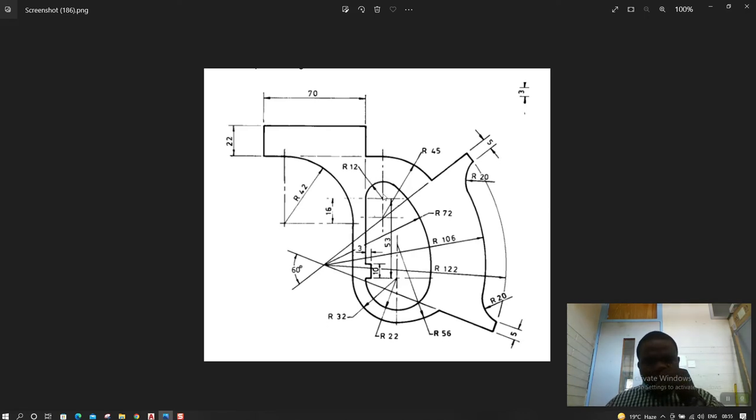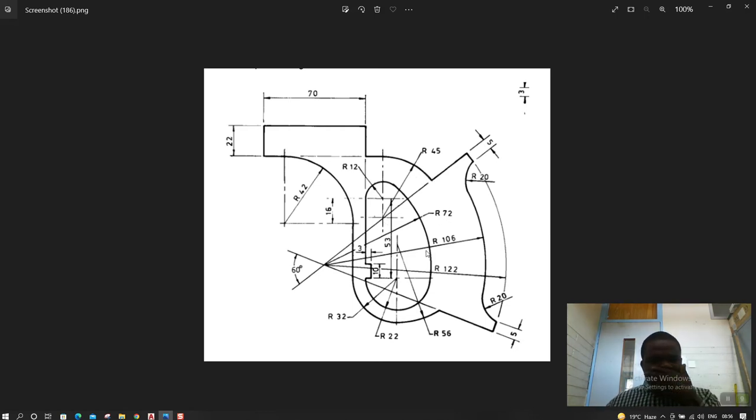So it's actually 12 millimeters from this line, and we also need to have this circle center radius 45, which is along the circle center radius 12. So you just measure 45 from here, because 45 is the radius from there to there, then you strike another circle outside.